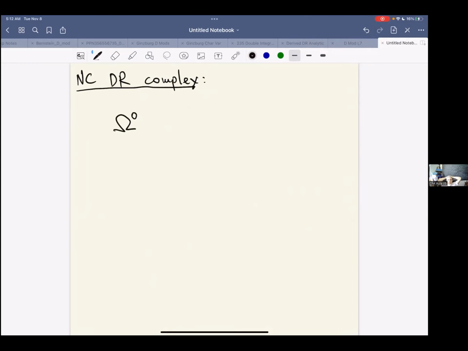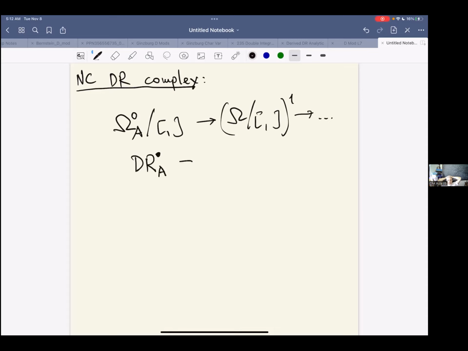Probably Karoubi, maybe Kohn too, define non-commutative de Rham complex by quotienting, factoring out the commutators, of course, the linear span of commutators.